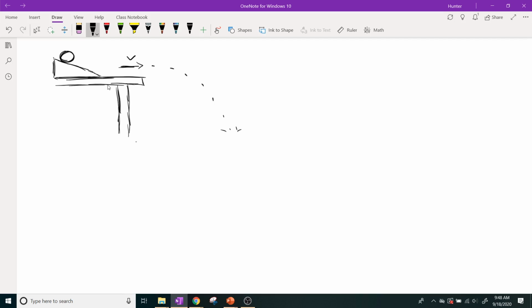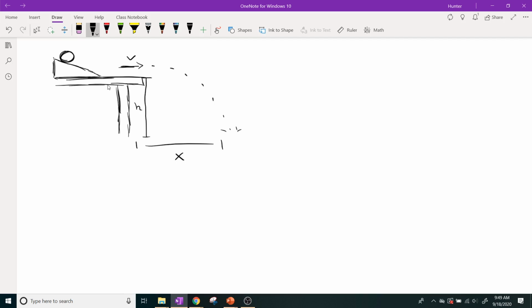Friction does not exist in this case. The distance that it goes from the tabletop to the ground, we're going to call x, and the distance from the table to the floor, we're going to call h. So we've got velocity, we've got h, and we've got x.